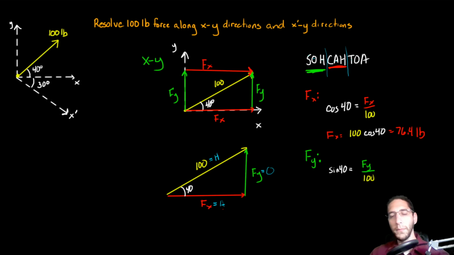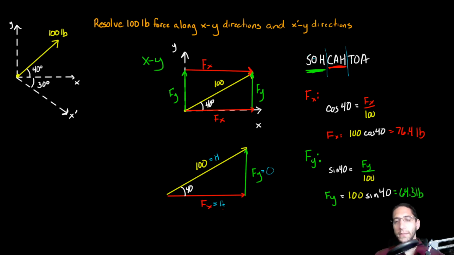Solve for Fy, multiply both sides by 100, and we get 100 times the sine of 40 is equal to Fy. And again, be absolutely sure that you're doing the sine of 40 degrees and not the sine of 40 radians. And this is going to get us 64.3 pounds, approximately.